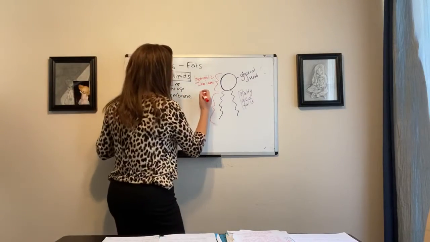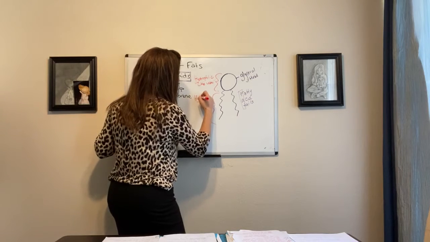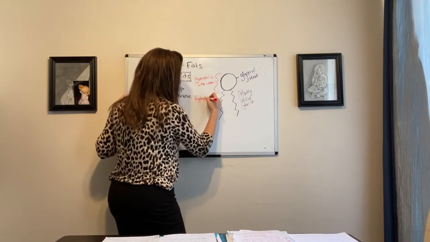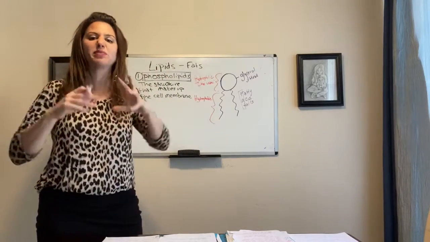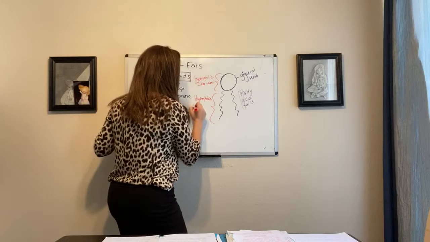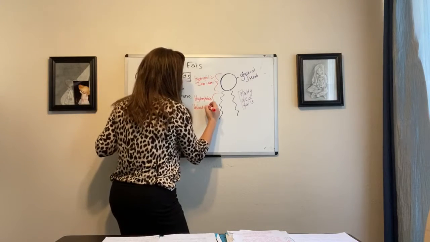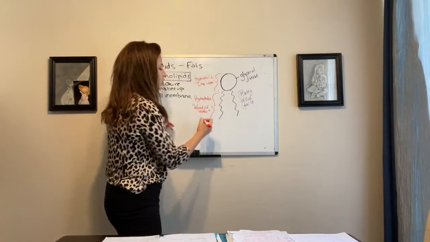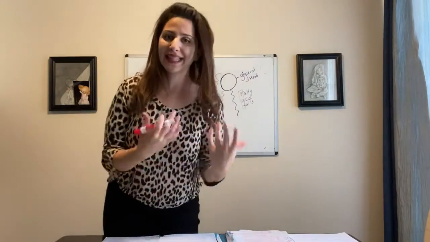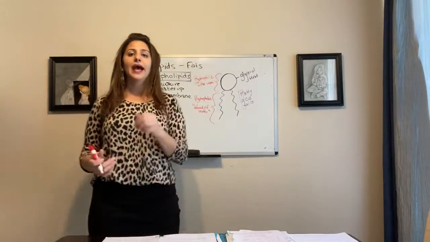But then there's the hydrophilic, and then there's hydrophobic. And this word phobic, right? Phobic means to be afraid of. So it's quote unquote afraid of water, or dislikes water. So we have a part of this that likes water, and we have a part of it that dislikes water, okay?